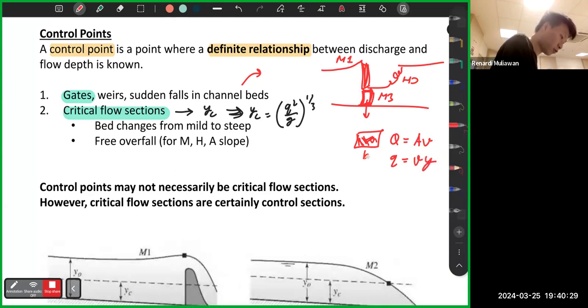So if you notice here, there's a relation between Y and Q. That's why gates are considered control points.